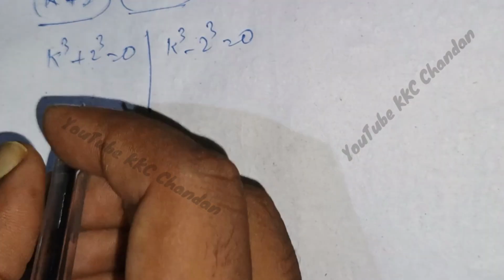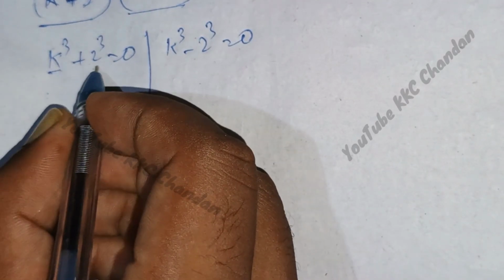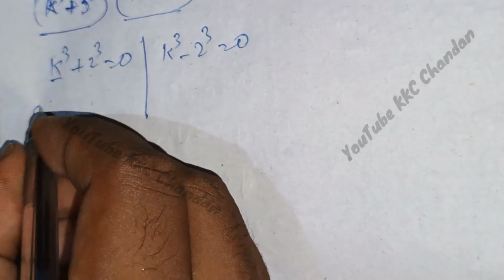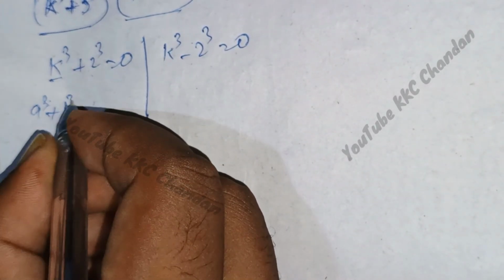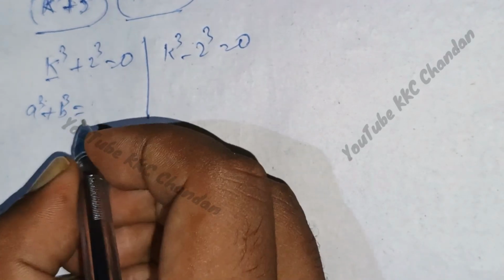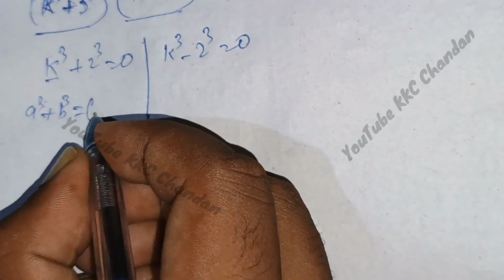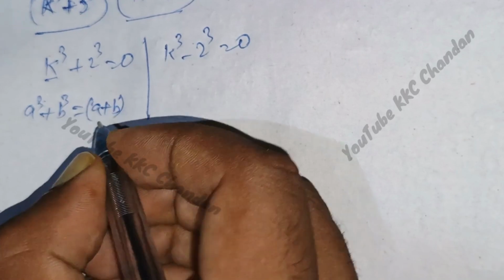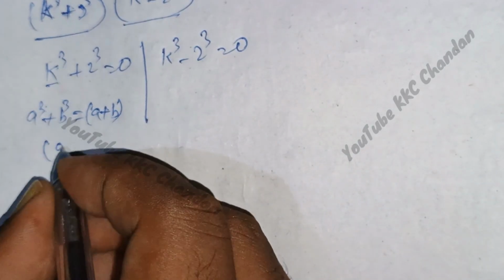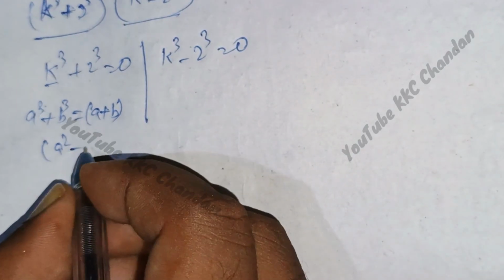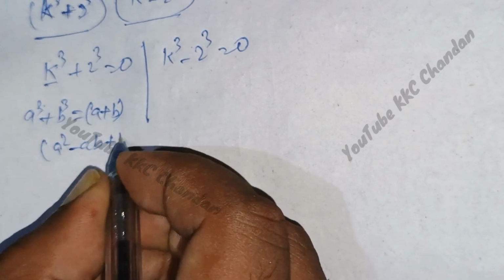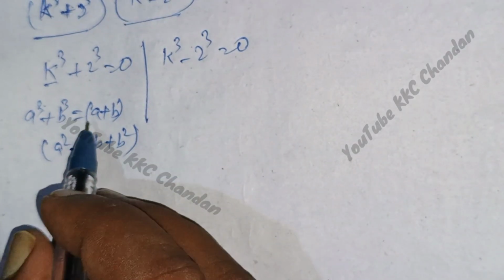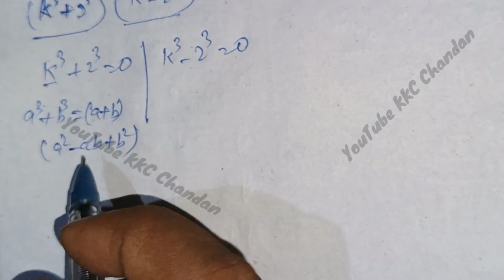Next step: here k cube plus 2 cube means a cube plus b cube. The formula we know is (a plus b) into (a square minus ab plus b square). Here a means k, b means 2.